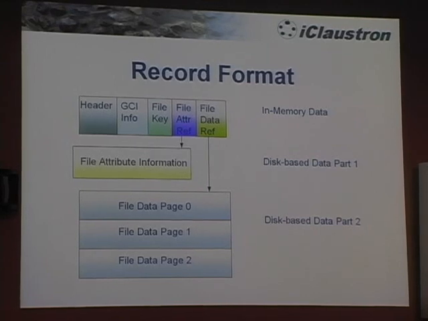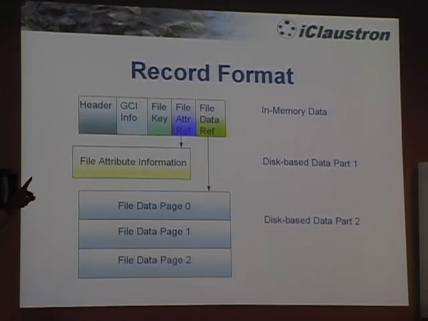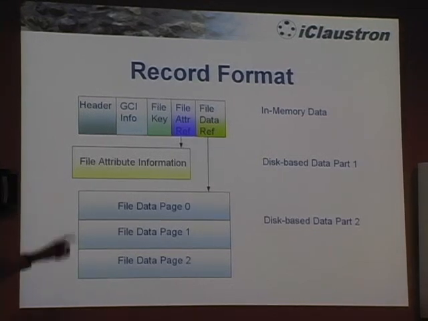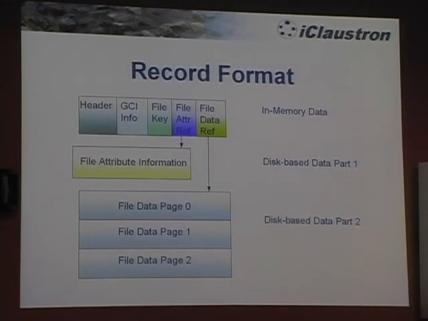So I mentioned a little bit about the record format before. The record format is that there is always data which is locked into memory. It's about 50 bytes of memory for each file in this case. The in-memory data has a file key. When you're searching for a file, you obviously have the file name.